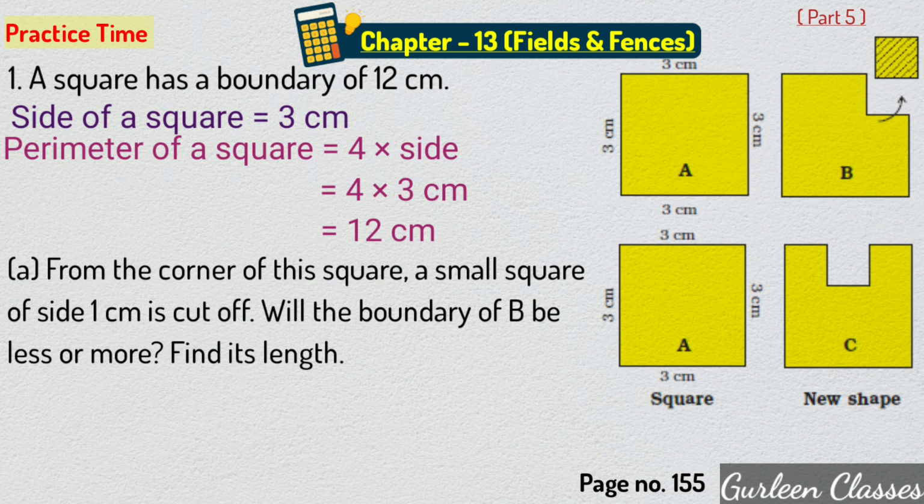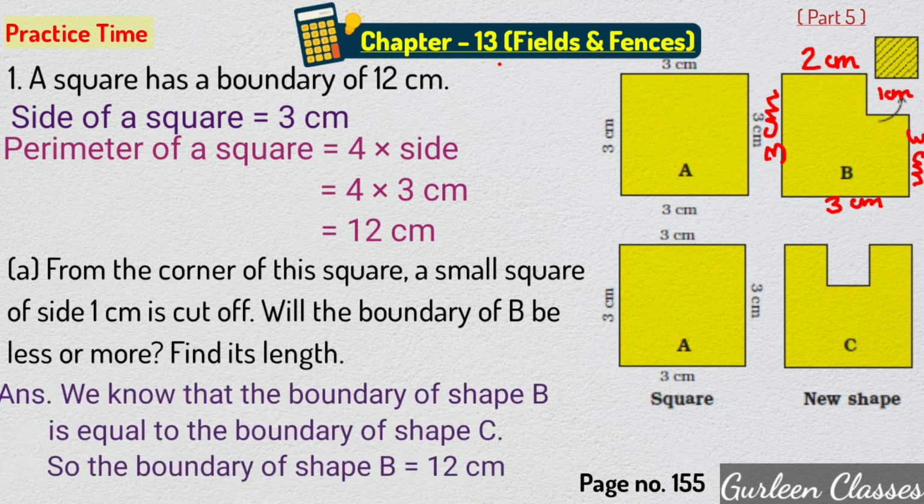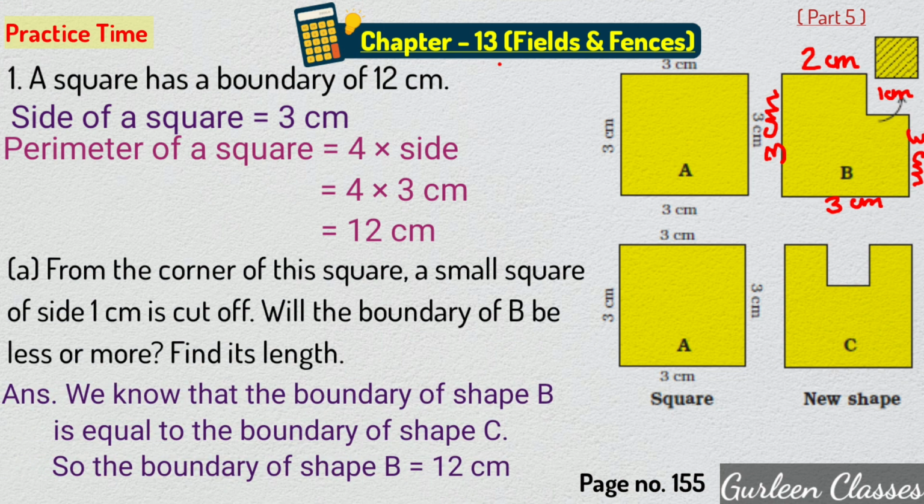A part, from the corner of the square, a small square of side 1 centimeter is cut off. Will the boundary of B be less or more? Find its length. Students, we know that the boundary of shape B is equal to the boundary of the original square, as a 1 centimeter square has been cut off.